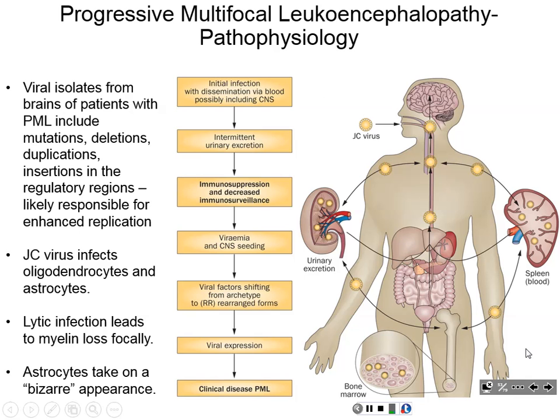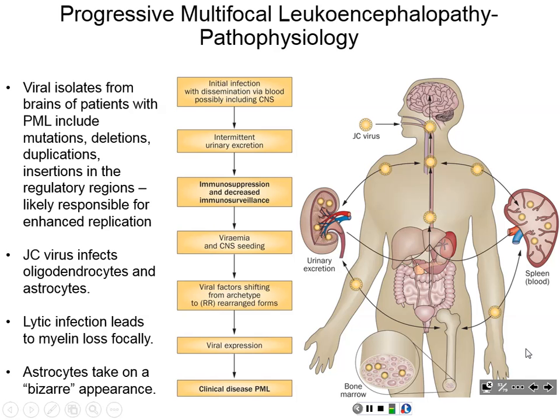So initial infection, we just breathe this, eat it, it's everywhere, and our immune system keeps it in check, makes it latent, and usually it hangs out latent in the kidneys, may also hang out latent in the spleen, but when immunity drops, when those T cells drop, we get viremia and central nervous system infection.